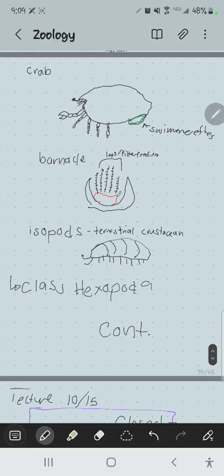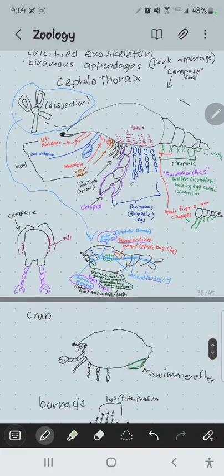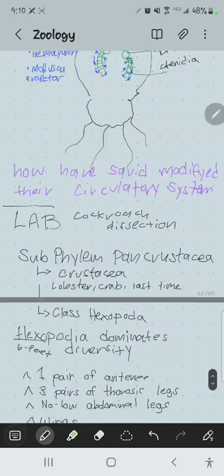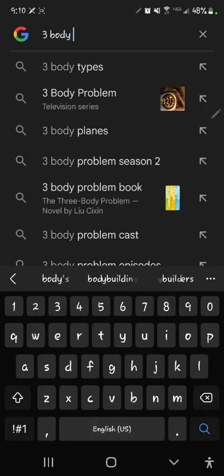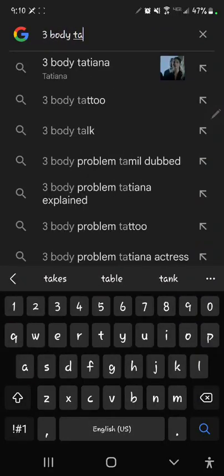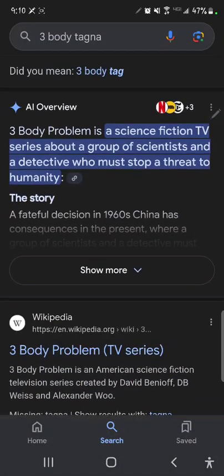So let's go ahead and first off, let's take a look at what makes a typical hexapod in terms of its body parts. They have basically 3 body tagmata. There is a head, a thorax, and an abdomen.